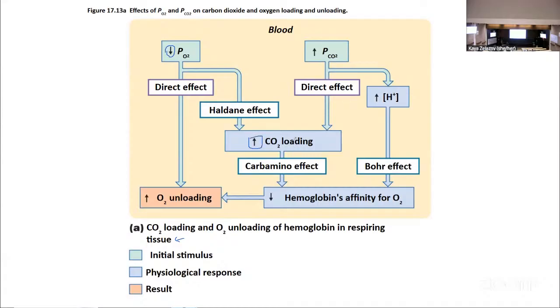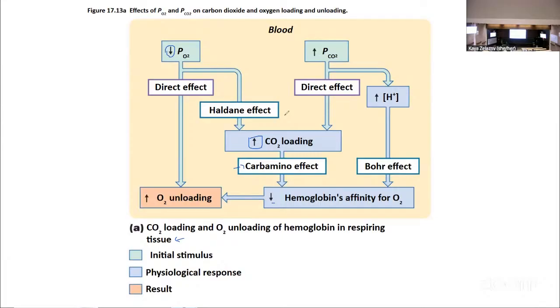Now that we're increasing our carbon dioxide loading, some of that carbon dioxide is on the hemoglobin molecules. That creates our carbamino effect, where bound carbon dioxide gives hemoglobin a slightly lower affinity for oxygen, which further increases how much oxygen gets out to your tissue. So that's further increasing the unloading of oxygen because of this lower affinity. Lower affinity, more unloading.